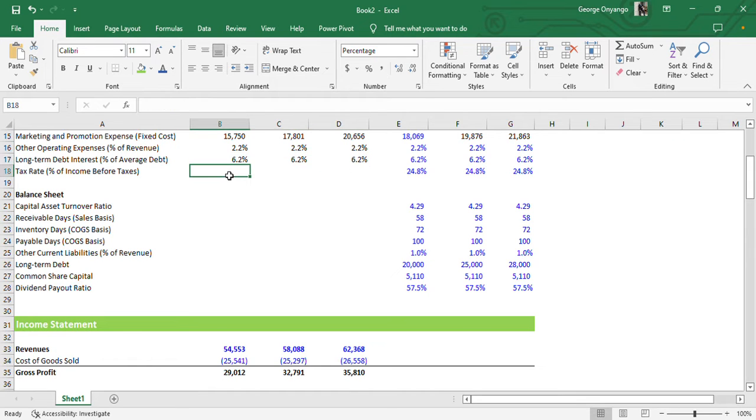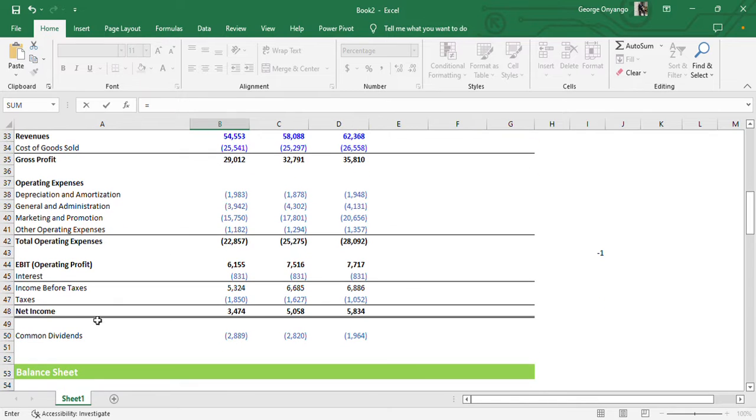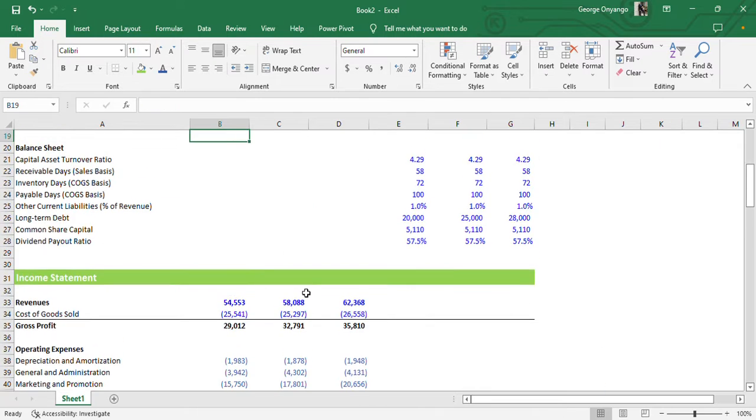Then we also have the tax rate. The tax rate is a percentage of income before taxes. So we go to the income statement and get the taxes as a percentage of income before taxes, and we get that.